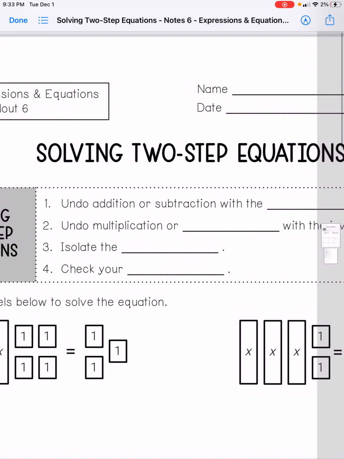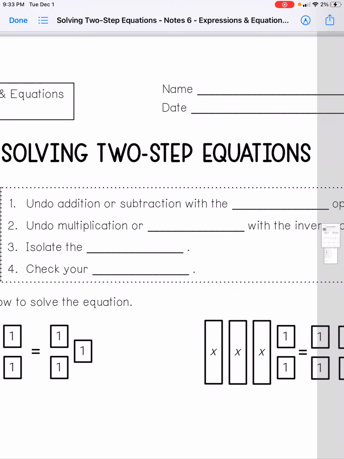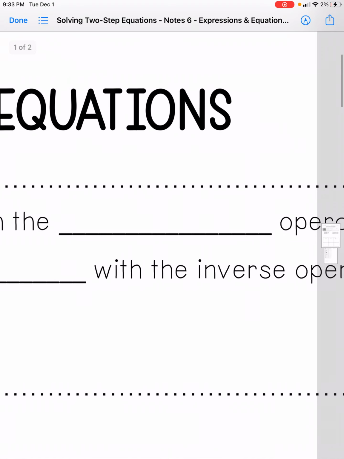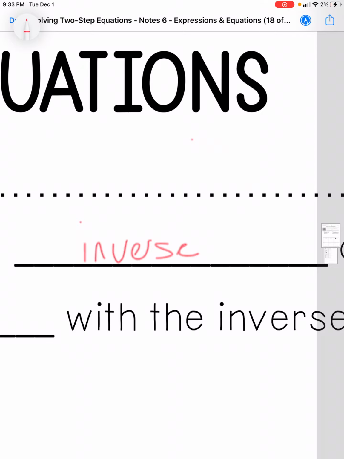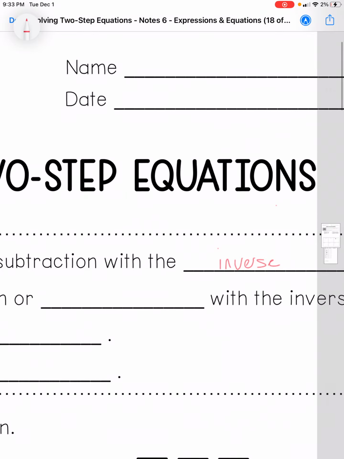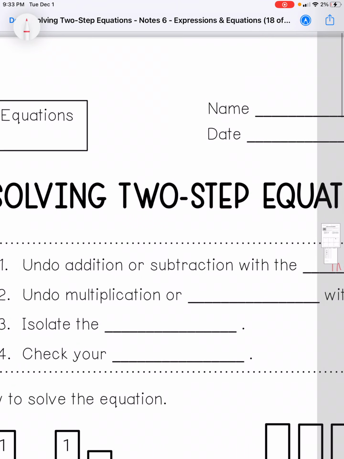All right, solving two-step equations. Undo addition or subtraction with the inverse operation. This is going to be a lot like one-step equations, except now you are going to have two steps. Not much different, okay? And you're going to see that in just a second.